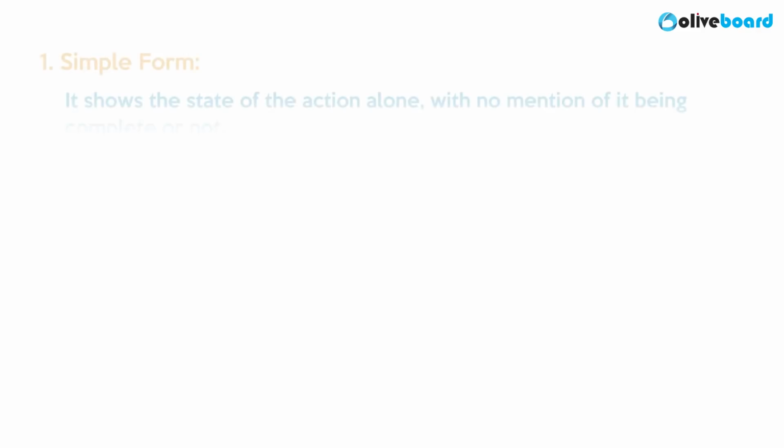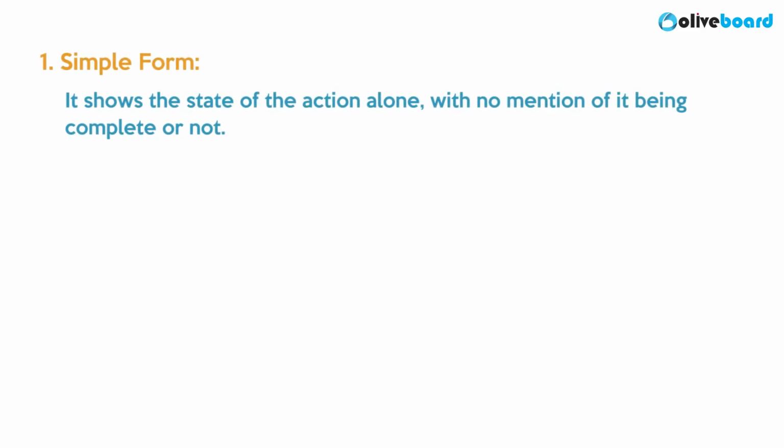The first one is the simple form. It can be simple present, simple past or simple future. But simple form shows the state of action alone with no mention of it being complete or not. Simple form हमें ये बताता है कि उस current tense में एक particular action ऐसा था या ऐसा होगा.